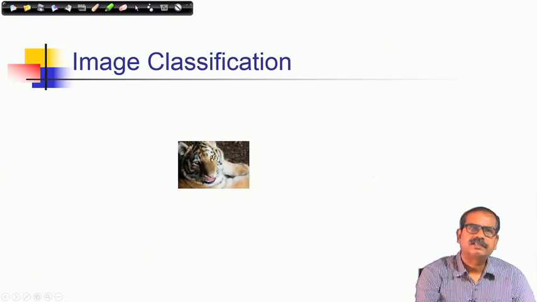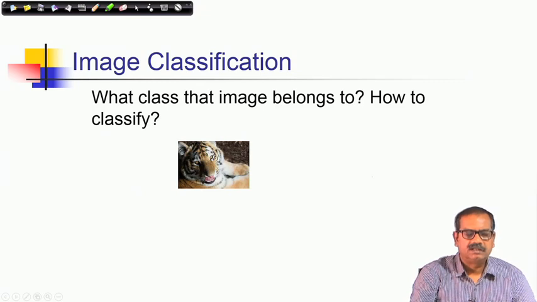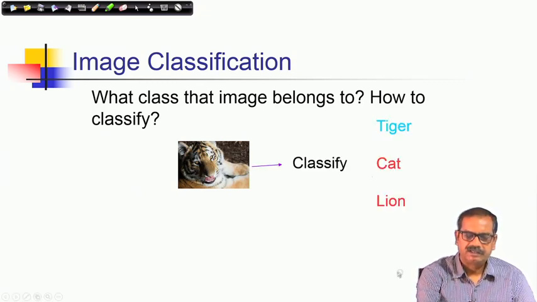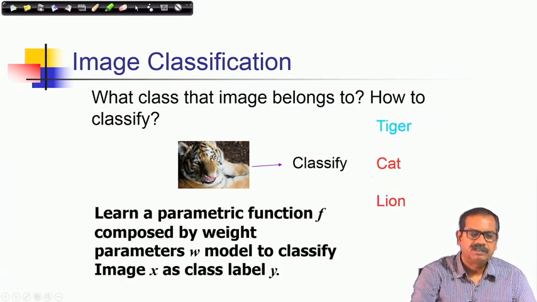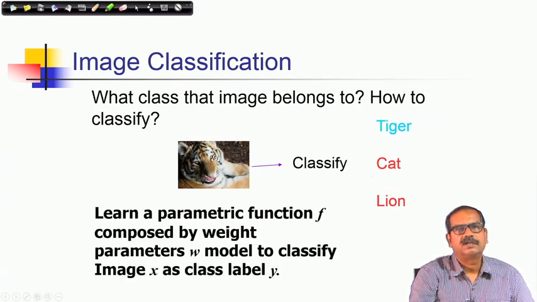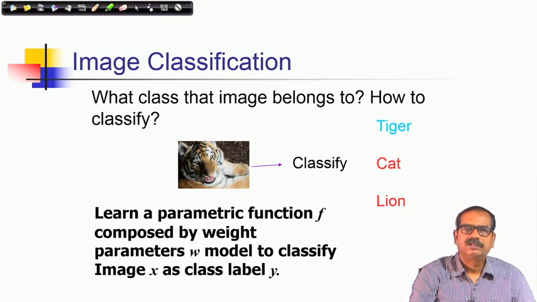So, let us consider image classification, and in image classification, the problem is what class that image belongs to and how to classify. We have already understood this problem statement. So, in this case, we would like to learn a parametric function f, composed of weight parameters of the model, to classify image x as class label y.